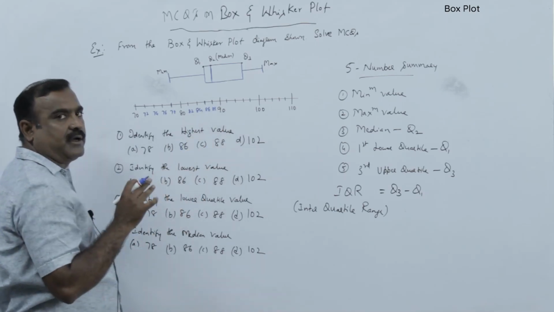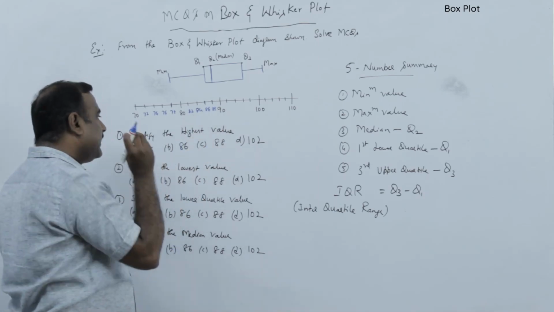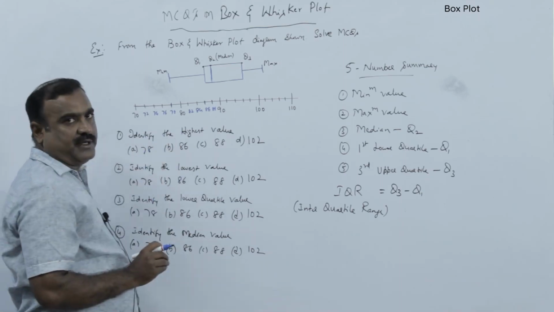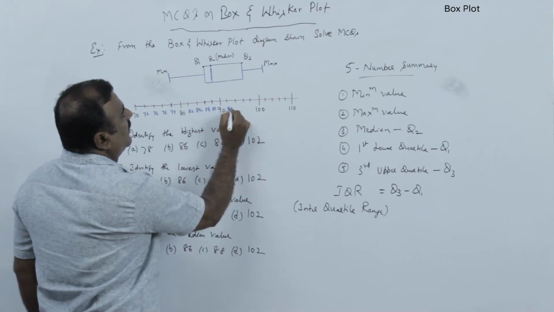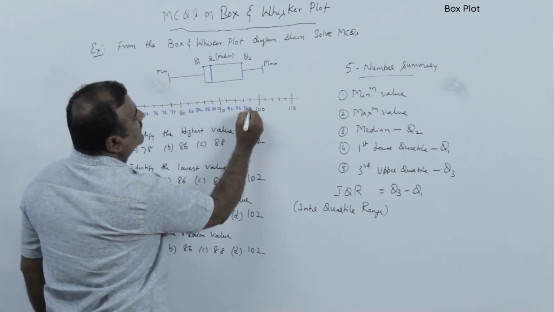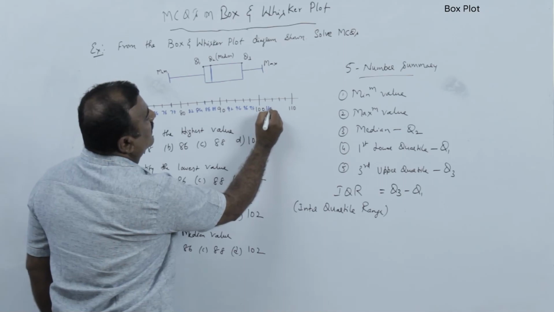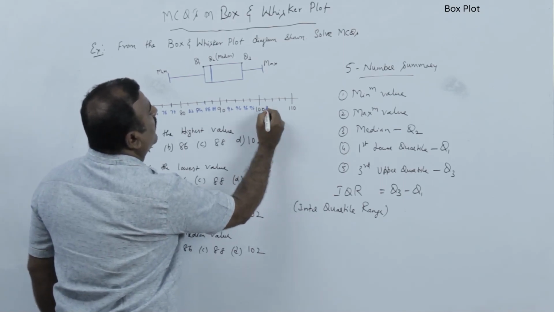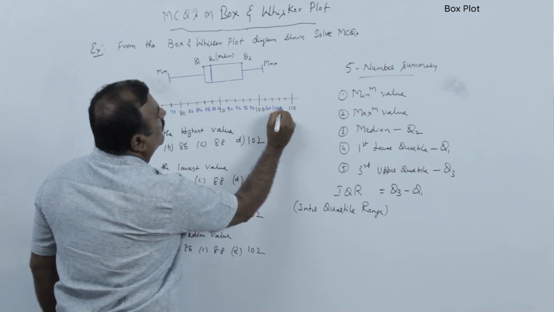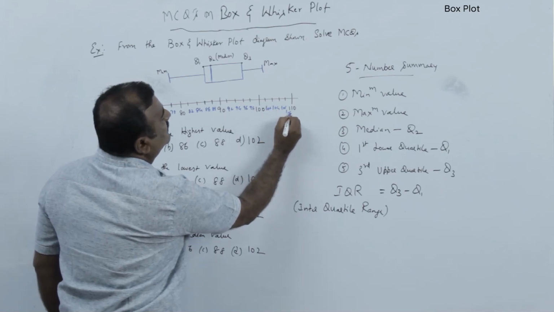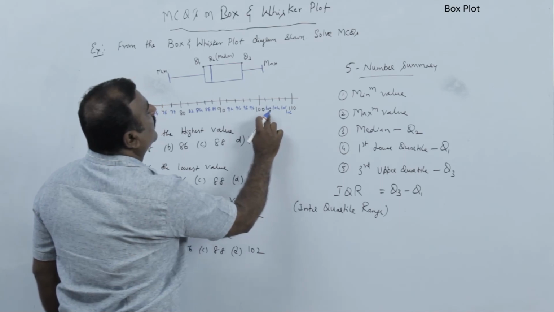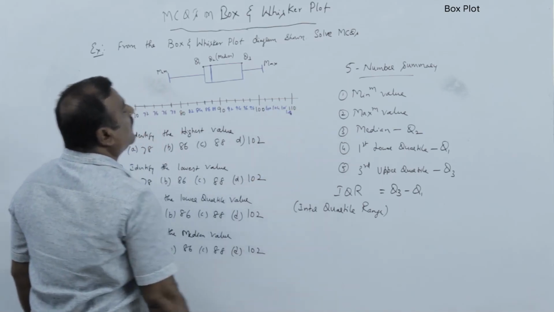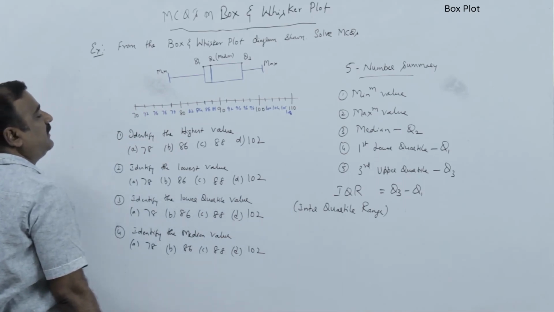All these things are not required in the examination. Directly you can target the question. Whatever is asked, you can go ahead in this way. This is again 92, 94, 96, 98, and here it is 100, 102, 104, 106, 108, and 110. So like this you can divide.